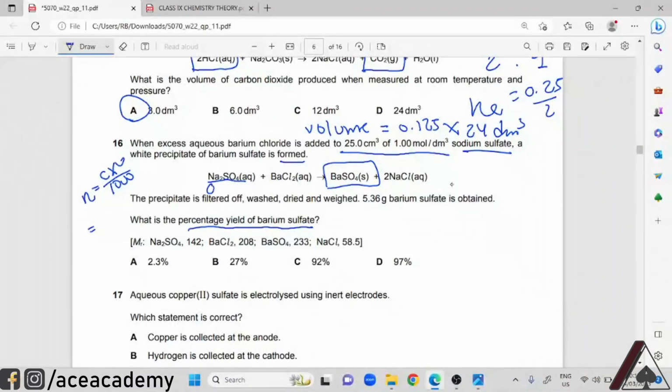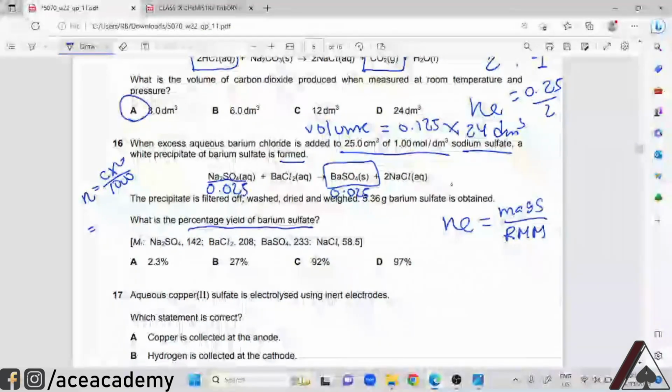So the moles of sodium sulfate is 0.025, and considering mole ratio, sodium sulfate is to barium sulfate, we will get 1:1. So the mole of barium sulfate is also 0.025. So taking the number of moles into account, we will now find out the mass that we are originally supposed to get.